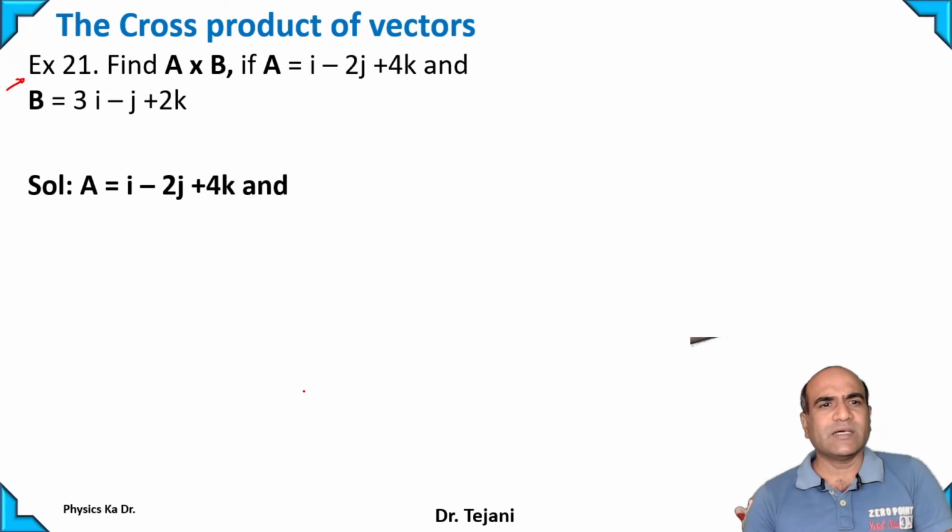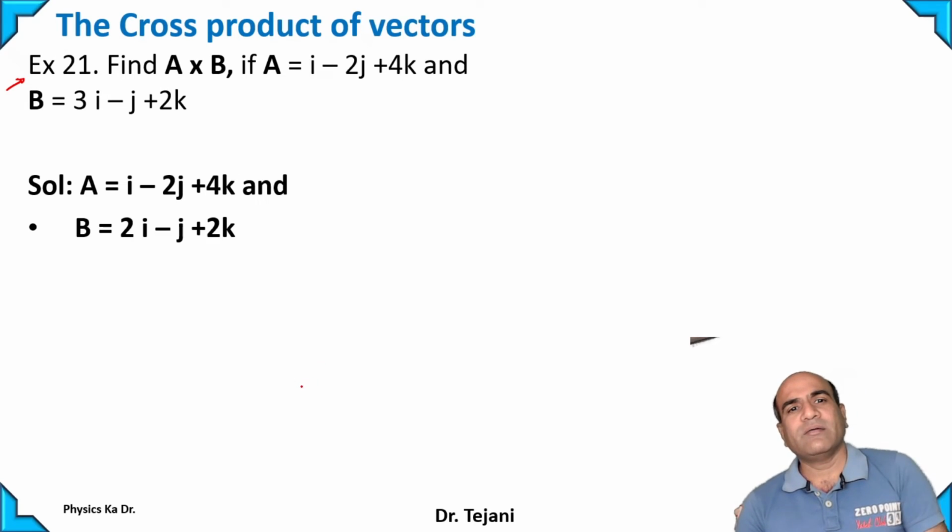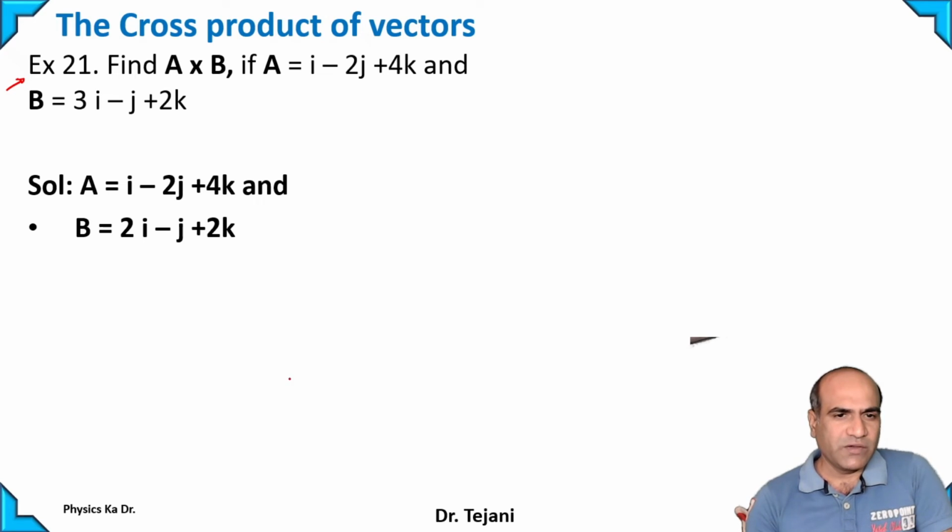So here A is given, A is equal to i minus 2j plus 4k, and B is given 2i minus j plus 4k. To solve this, we take the first value multiplied by the first, second, and third.